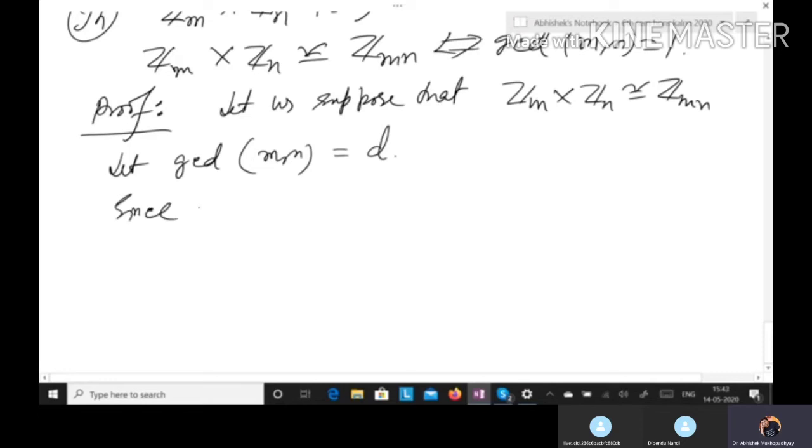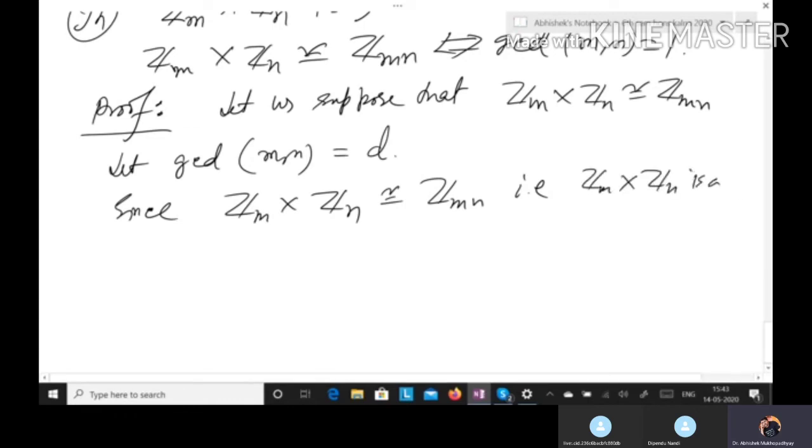Now since Zm cross Zn is isomorphic to Zmn, that means Zm cross Zn is a cyclic group. Zm cross Zn is a cyclic group of order mn.